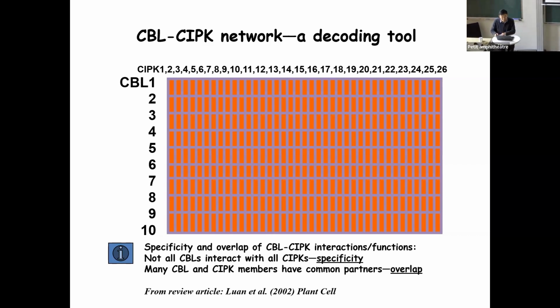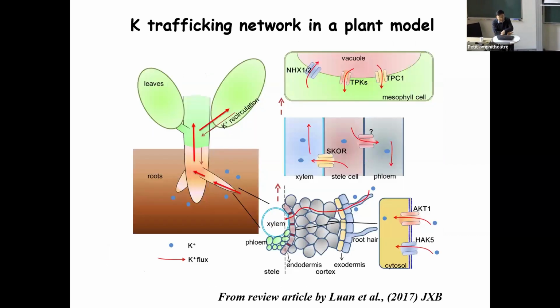Now, in the past 25 years since this was discovered, a number of labs have been trying to put this biochemical network into a functional network. How does a plant use this CBL-CIPK network to decode calcium, right? So I'll give you a couple of examples that are related to nutrient use efficiency.